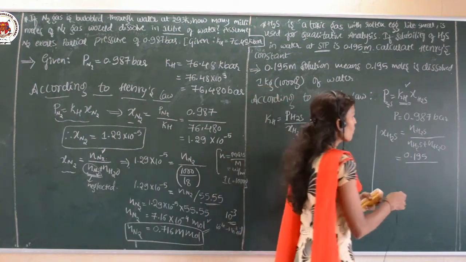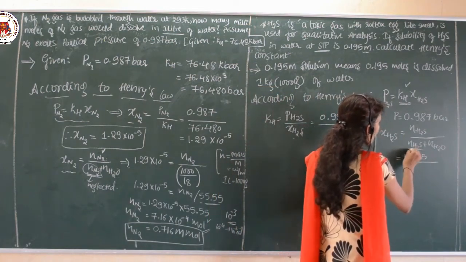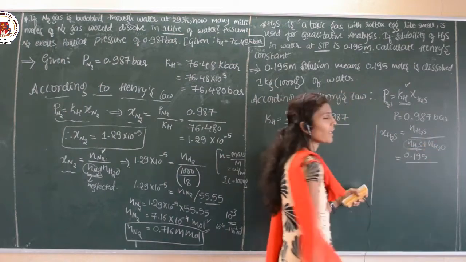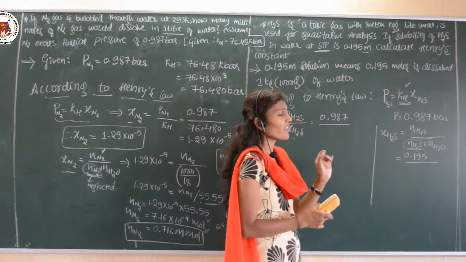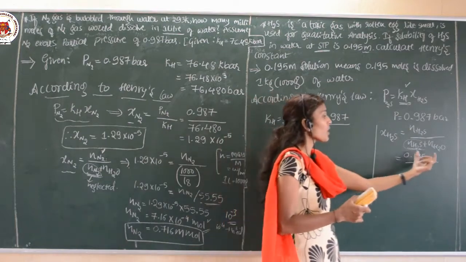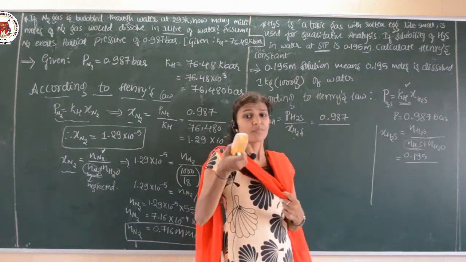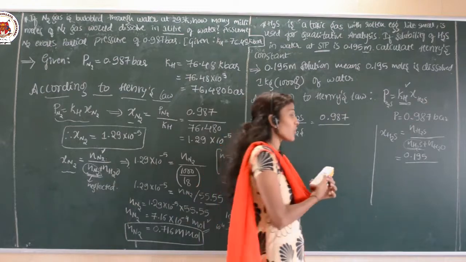Okay. So, now as I said, in the denominator this term must be neglected, because 0.195, the number of moles of H2S, is negligible as compared with the number of moles of water. Then how to find the number of moles of water?